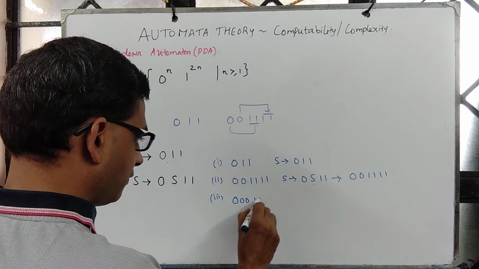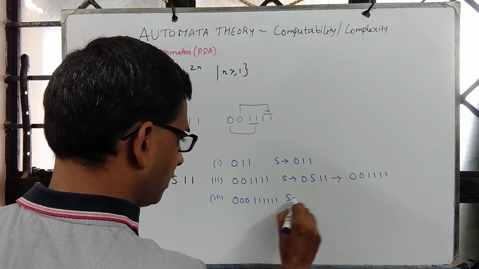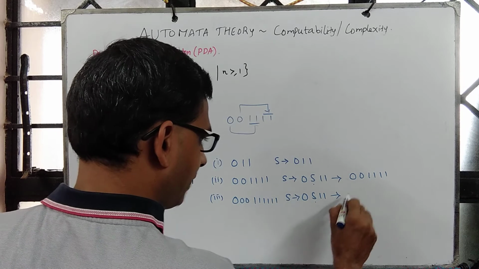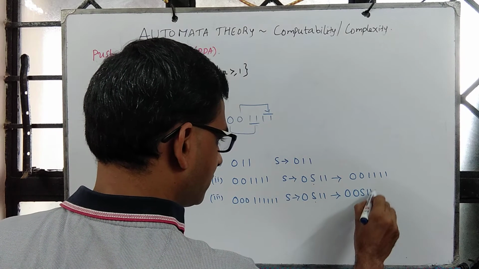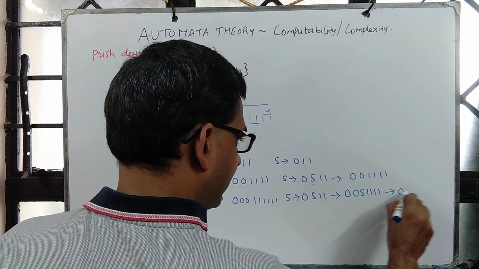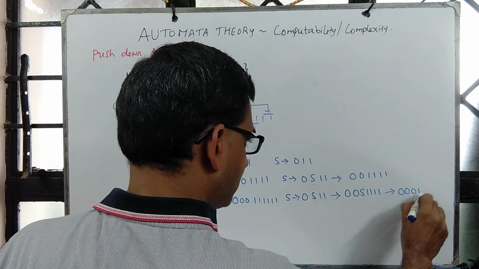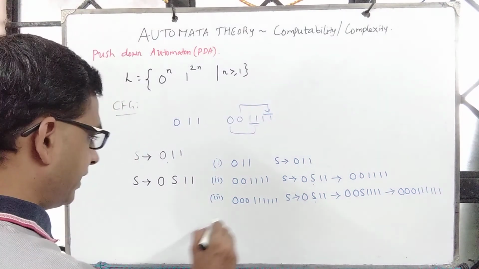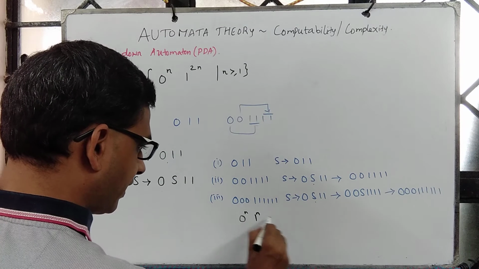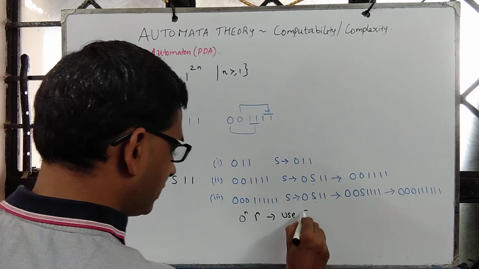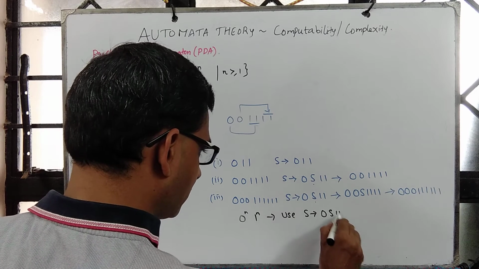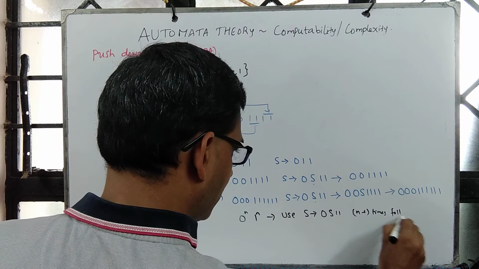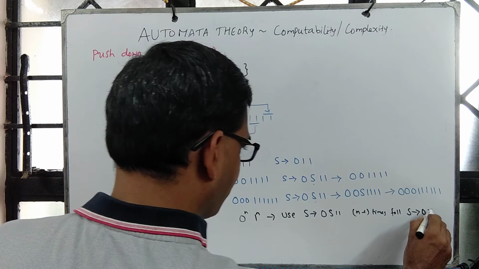Now you want to generate 0 0 0 followed by 6 ones, then apply this, then replace this with the same production. It becomes this. Now if you have decided to stop the recursion, use the other one. So in general, to generate 0 power n, 1 power 2n, what do we do? Use S implies 0 S 1 1, n minus 1 times, followed by S implies 0 1 1.